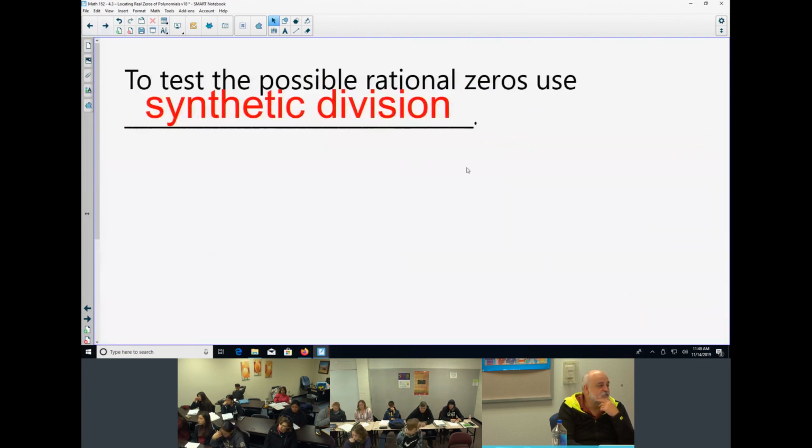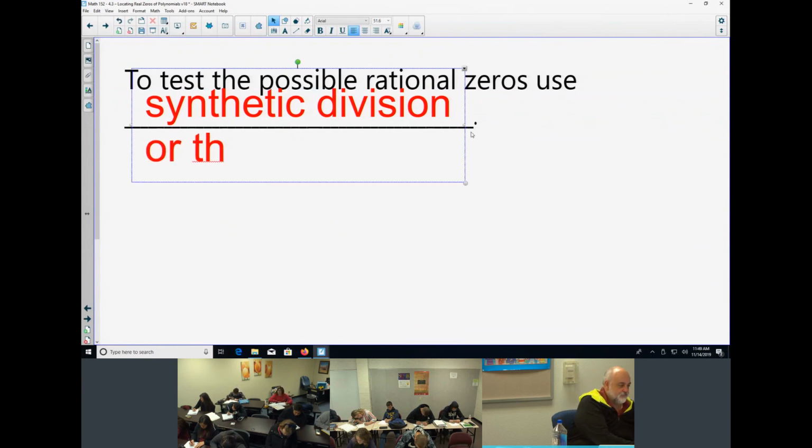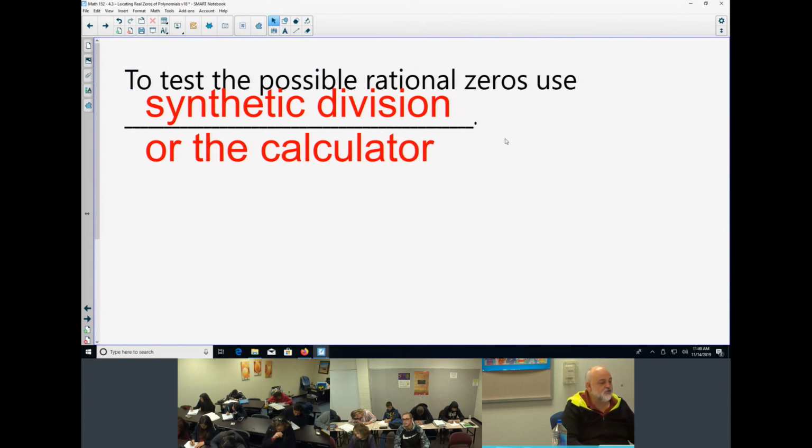So to test the possible rational zeros, use synthetic division, or the calculator. Because in reality, you would use both of those tools.